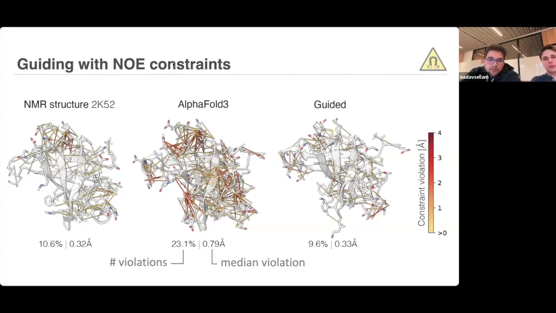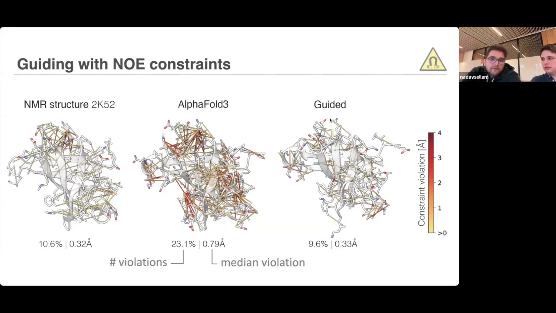So now we guided the AlphaFold model with our likelihood calculation, and we observe that we get lower, or the same in this case, number of violations than the PDB structure itself, and about the same error as the median error. And moreover, we get this in 2 minutes, right?